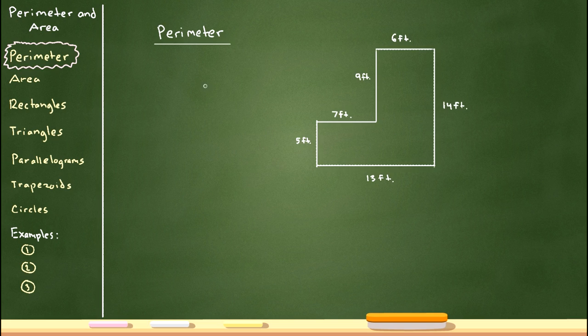So perimeter, first of all, is a one-dimensional measure. So what do I mean by one-dimensional measure?